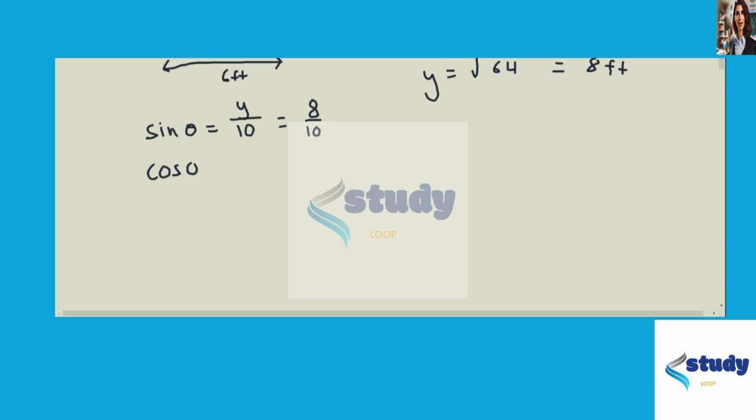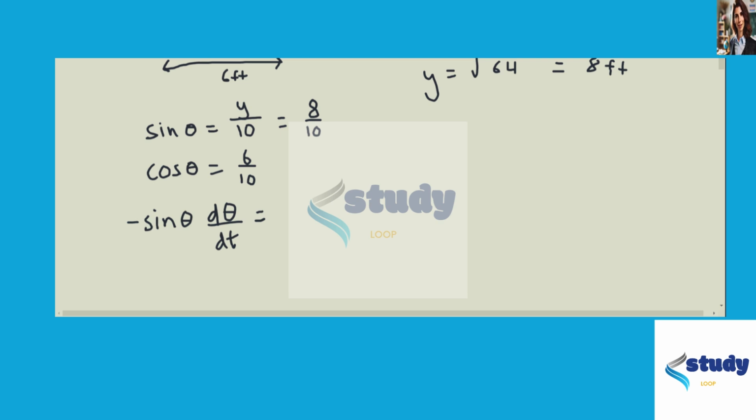So let's also calculate cosine theta. Cosine theta would be adjacent over hypotenuse, which is 6 over 10. Now let's differentiate that cosine so we get negative sine theta d theta over dt. Once again, just to clarify, we are taking the derivative so that we can get the change of theta over the change in time.